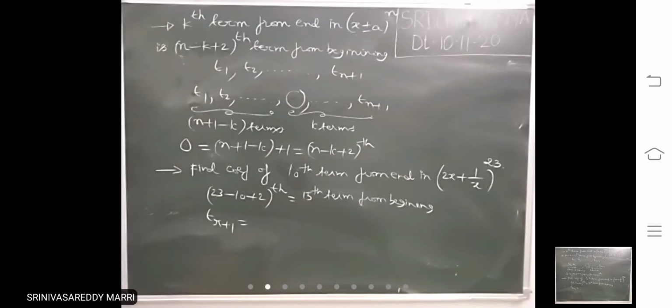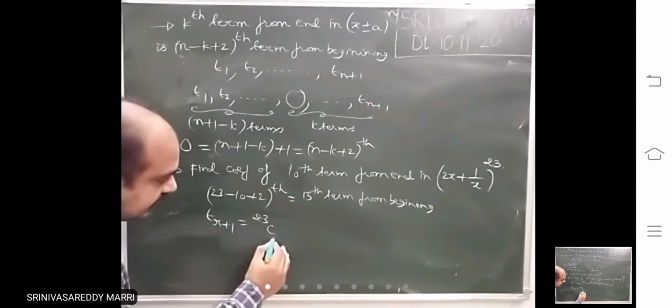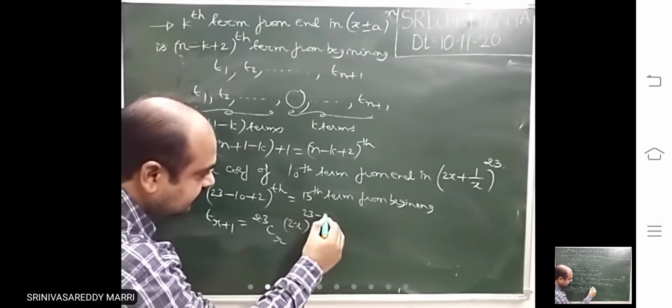T R plus 1 equals 23CR into the first variable 2x to the power 23 minus R into the second variable 1 by x to the power R. Always write like this.